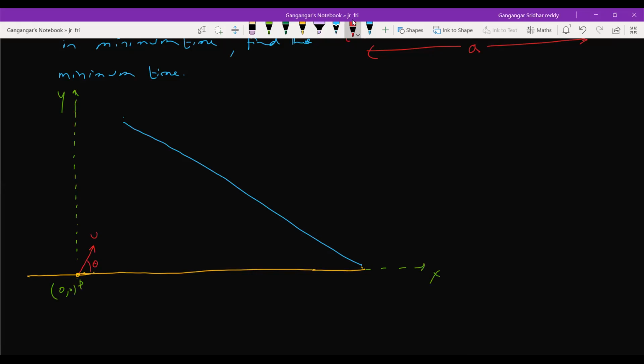Will it go straight, just move vertically? No. If there is no inclined plane, it will describe a parabolic path, no? So do it like this. There's a path of it.